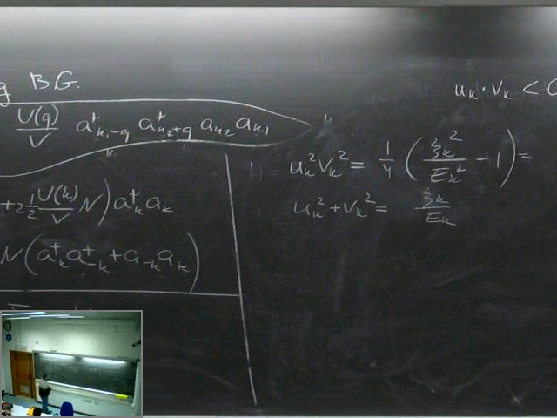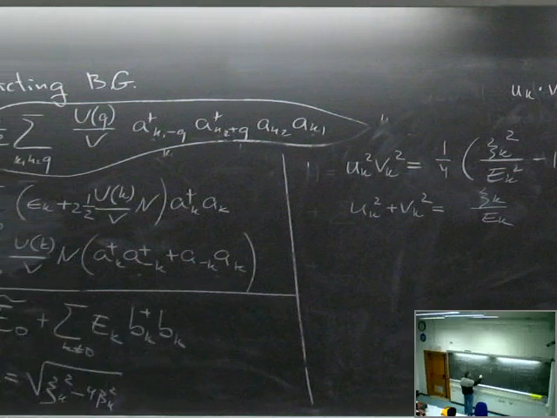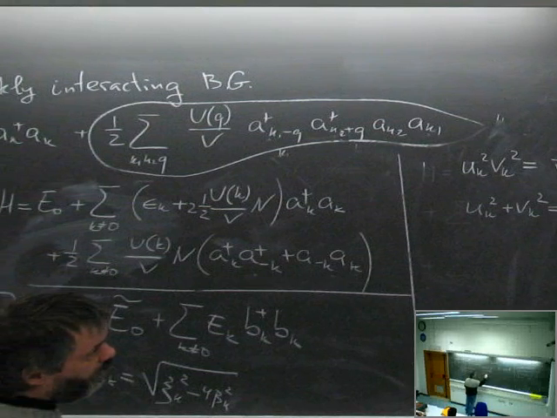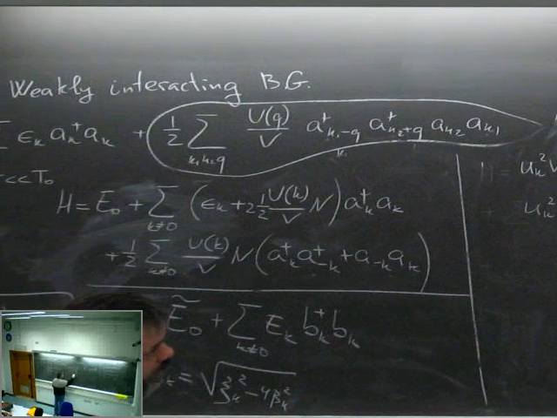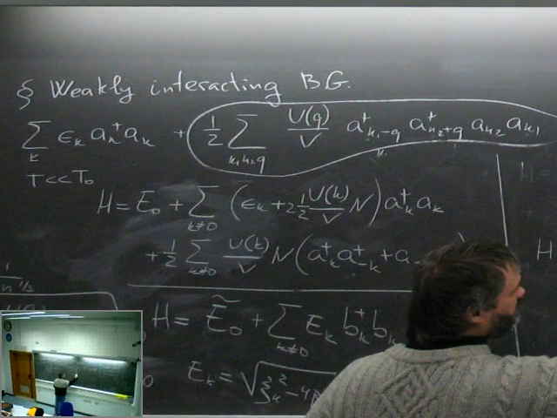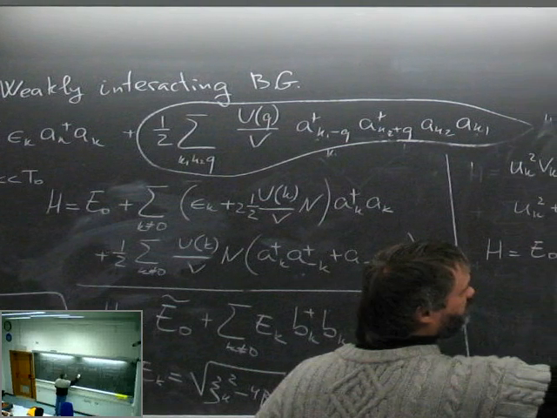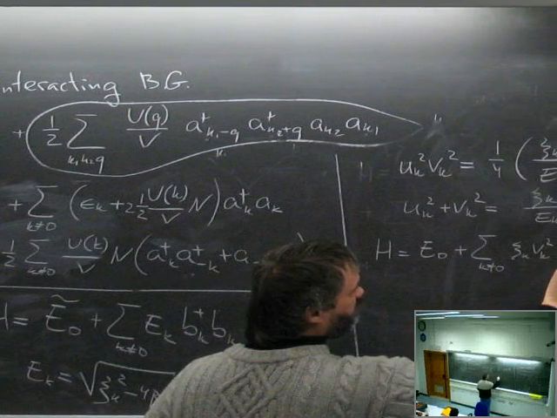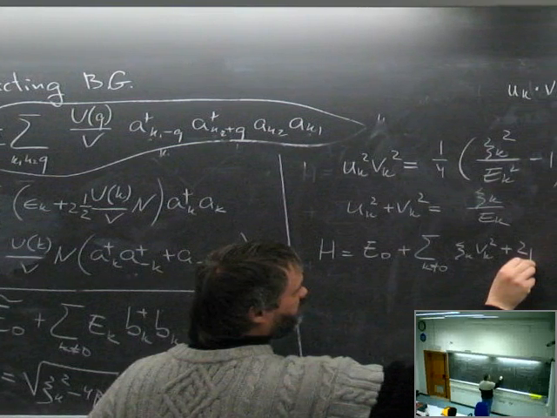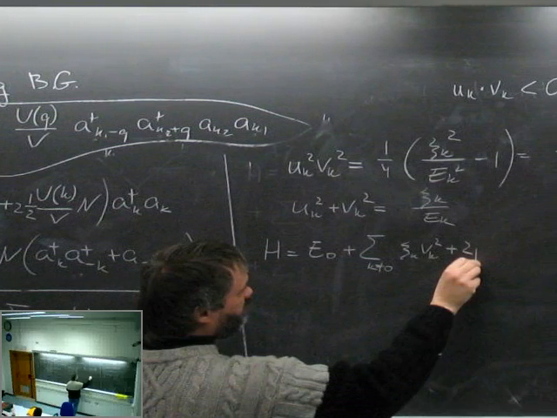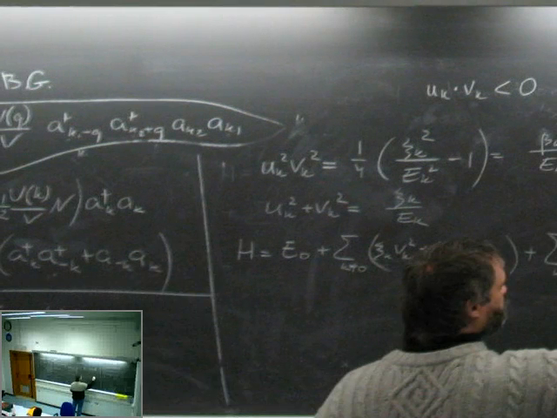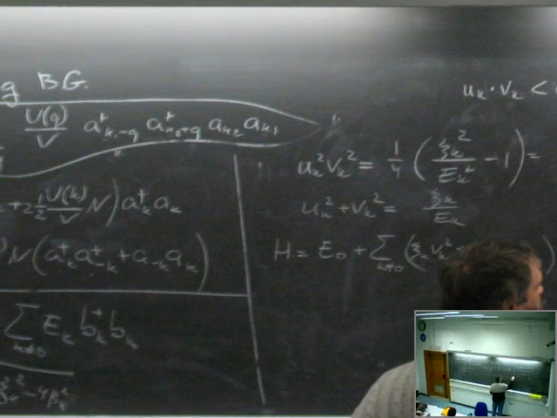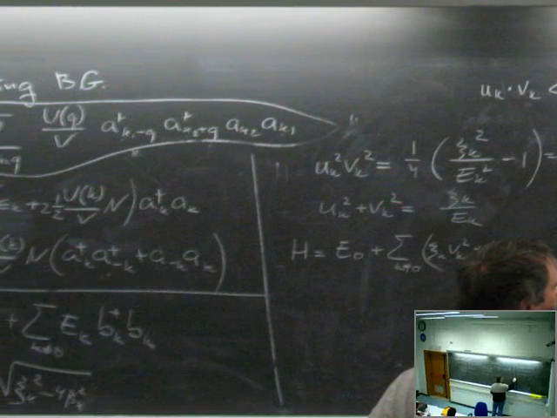Now you remember, my Hamiltonian was H equal to E naught plus the sum over k not equal to 0 of (psi k vk squared plus 2 times beta k uk vk), I know it by heart, plus the sum over k of (psi k (uk squared plus vk squared) plus 4 times beta k uk vk) b dagger k bk.